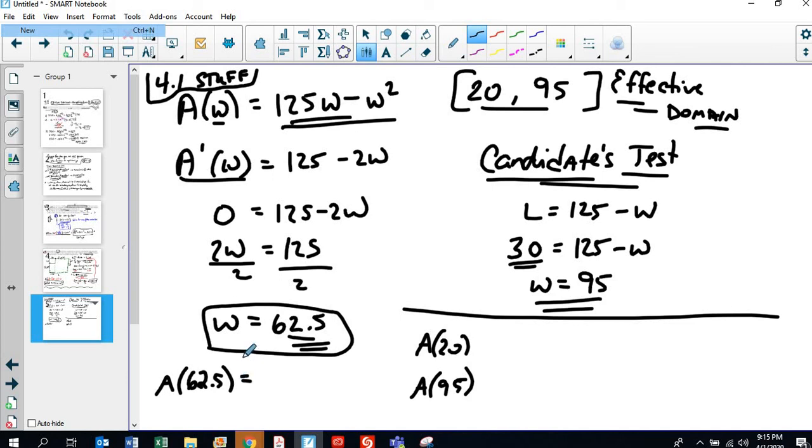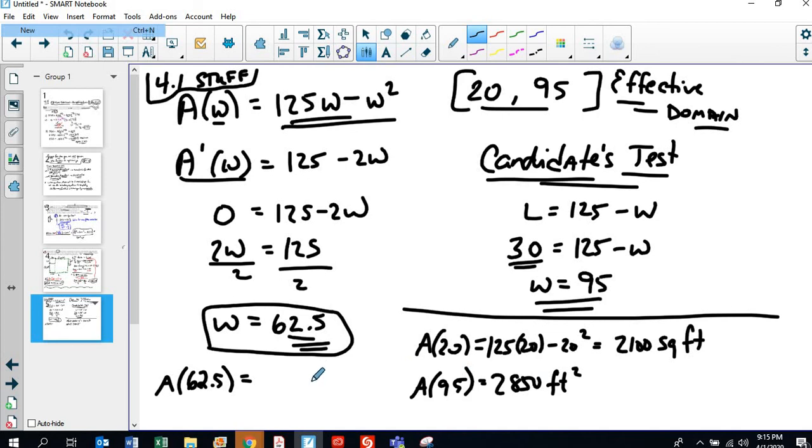All right, and so I'm going to zip these out real quick here. If I multiply 125 times 20 minus 20 squared, remember I'm plugging into the original function because we're doing the candidates test. If I do that, I get 2100 square feet. Or I can use FT with a square over it. If I do 125 times 95 minus 95 squared, I'm not going to write it down, then you'd get 2850 square feet.